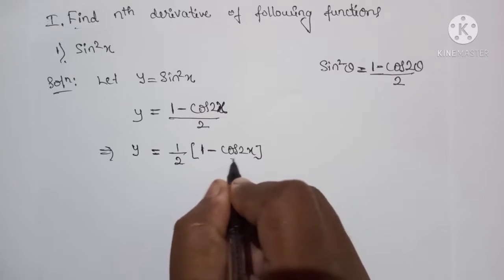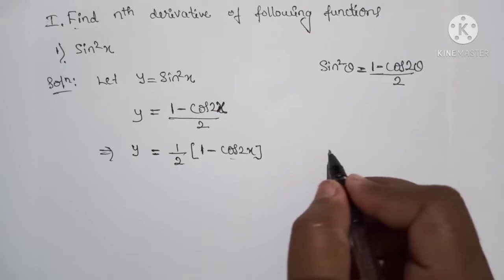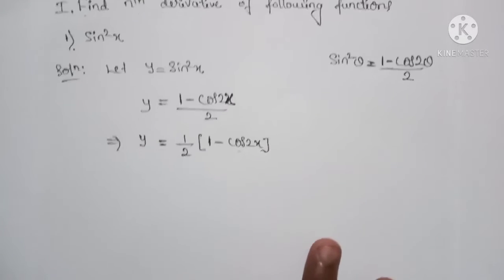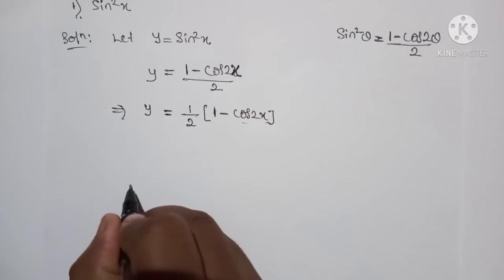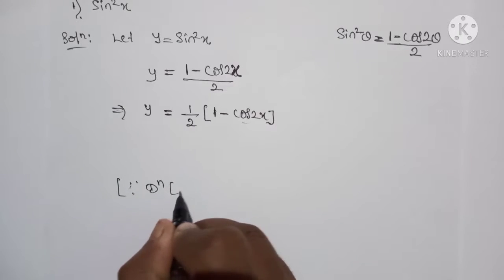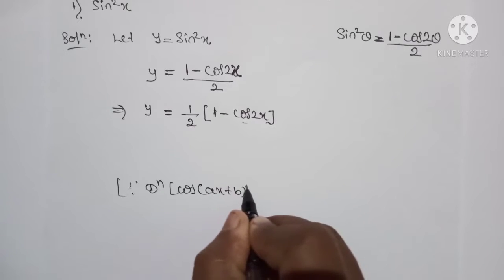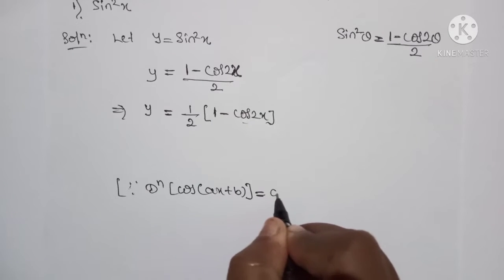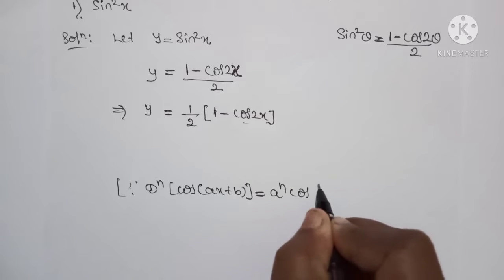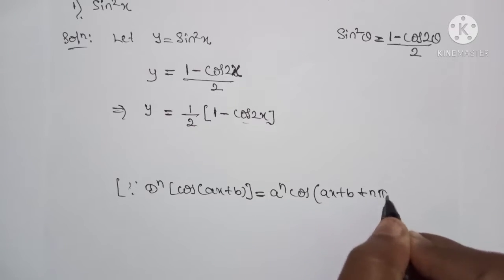Now we can apply the formula for cos 2x. We know that the nth derivative of cos of (ax plus b) is a raised to n cos of (ax plus b plus n pi by 2).